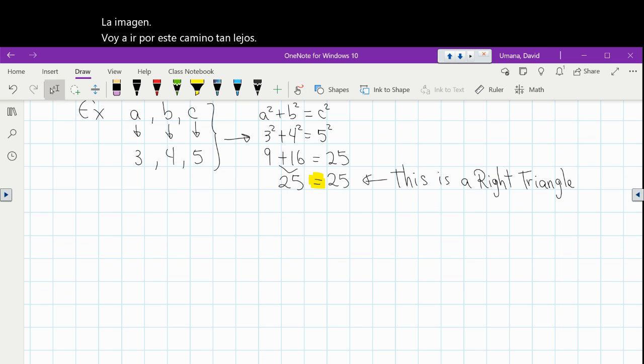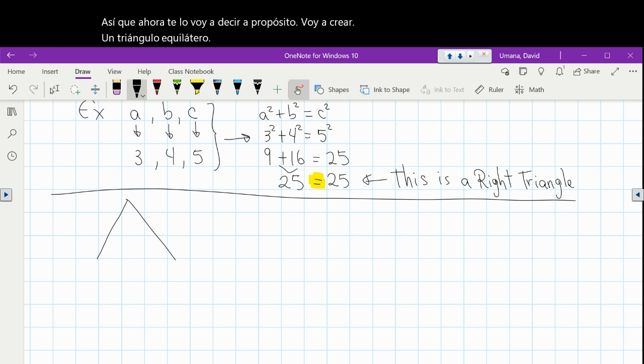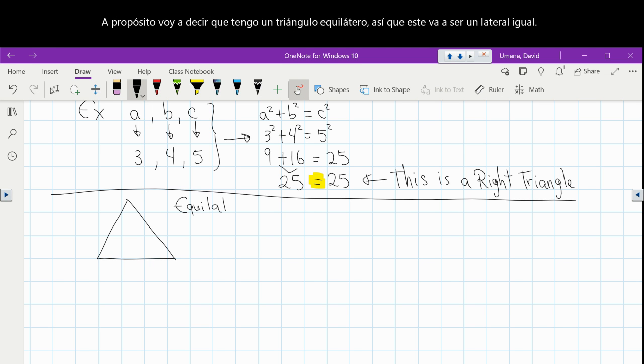So now I'm going to tell you, on purpose, I am going to create an equilateral triangle. I'm going to say I have an equilateral triangle. So this is going to be an equilateral triangle, which is also acute.